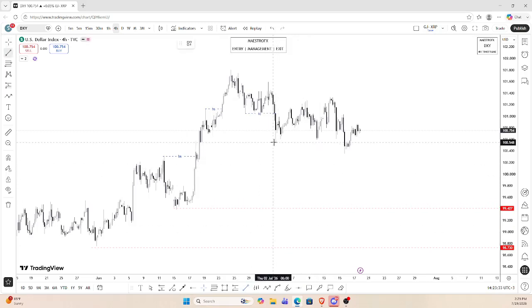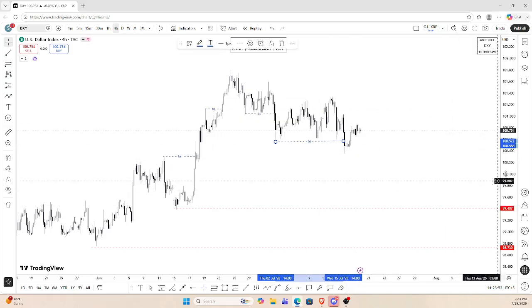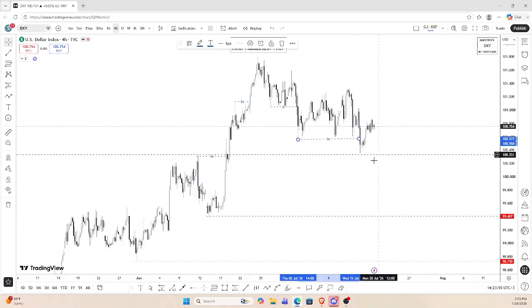We have that break of structure to the downside. It is more visible on the 1-hour time frame, but nevertheless, let's do the 4-hour first, and we'll continue with the 1-hour time frame. This is the last internal break of structure to the downside.